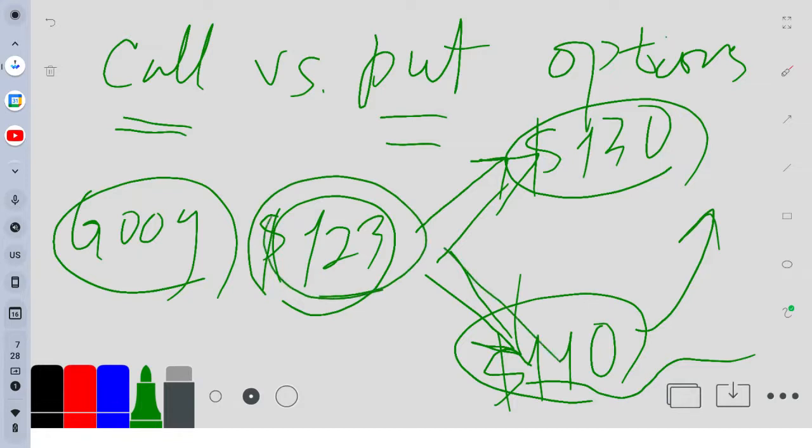You should have sold it when it was 123, because it never went up to 130. But currently the price is 110. So you regret. So what do you do? That's where the call comes in. In this case, that's the put. It's the put. You should have.